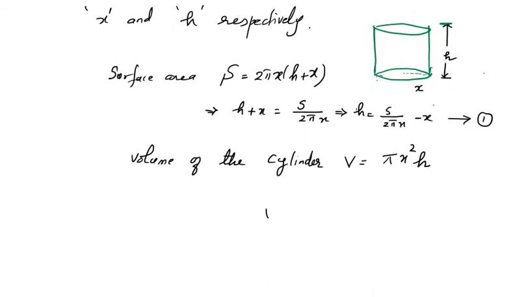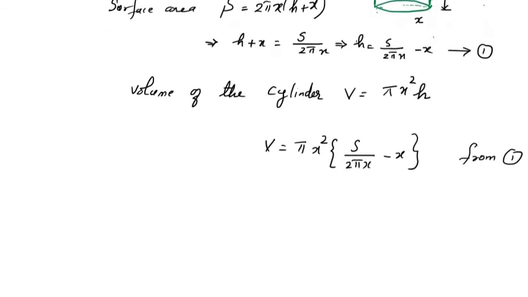Now, if I use V equal to pi x square h, what is h here? h is s by 2 pi x minus x. From equation number 1 I have substituted. See, I have converted the equation completely in terms of one variable. Understood?